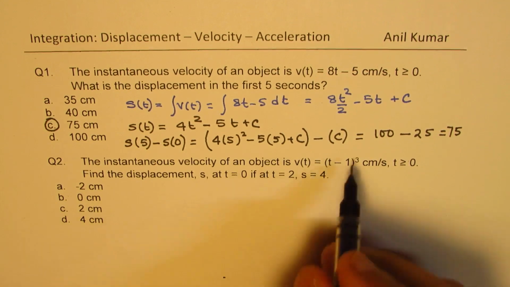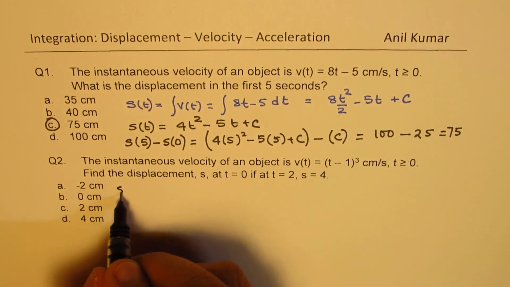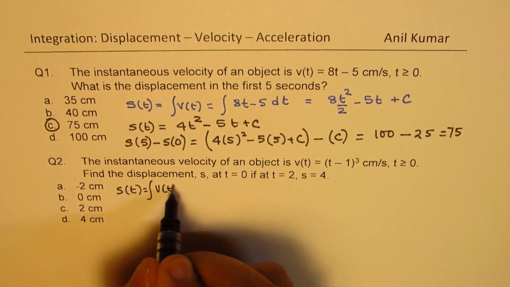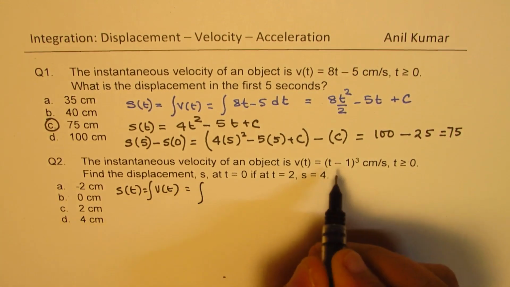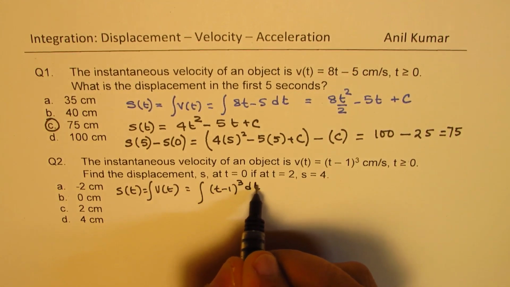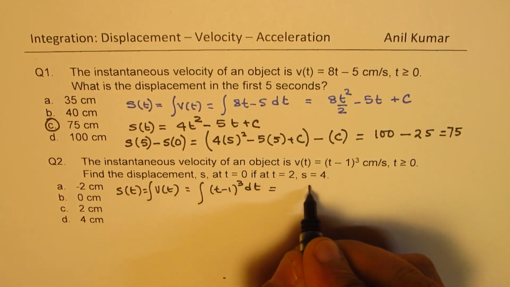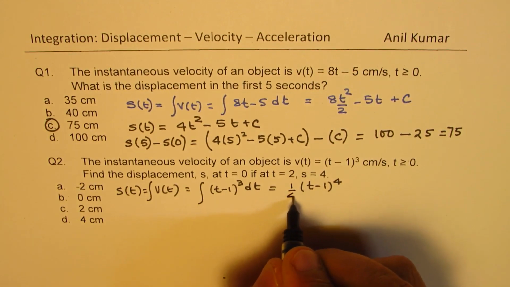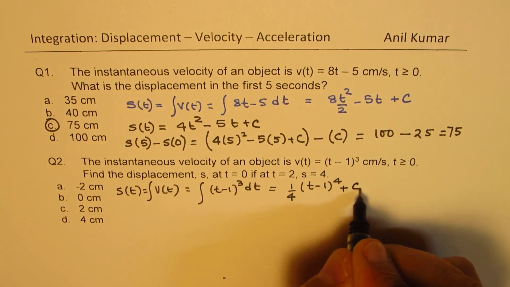Again, displacement is the integral of the velocity, which is the integral of the function t minus 1 whole cube dt. Applying the power rule, we get t minus 1 to the power of 4 times 1/4, plus a constant c.